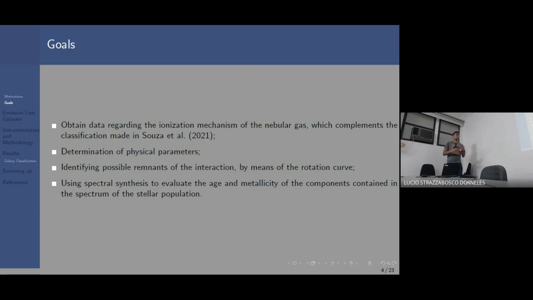And the last objective, a kind of subproduct of the work, is to use the spectral synthesis to determine the age and metallicity of the components of the axis along which we took the spectra of the galaxy.